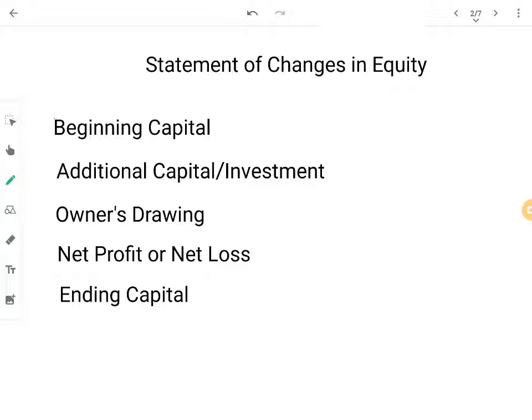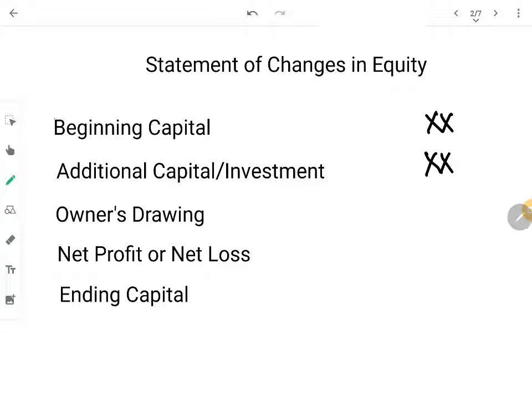So the statement of changes in equity is most commonly presented as a separate statement but can be added to another financial statement. So nagsisimula yan sa beginning capital. So ina-add natin yung additional capital or investment ng owner during the accounting period.